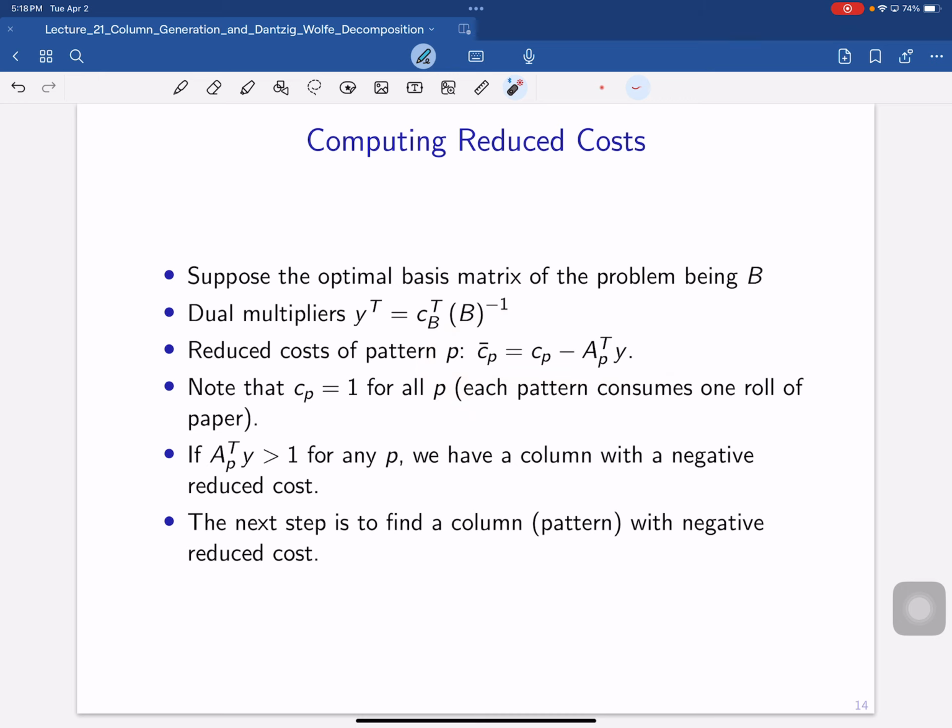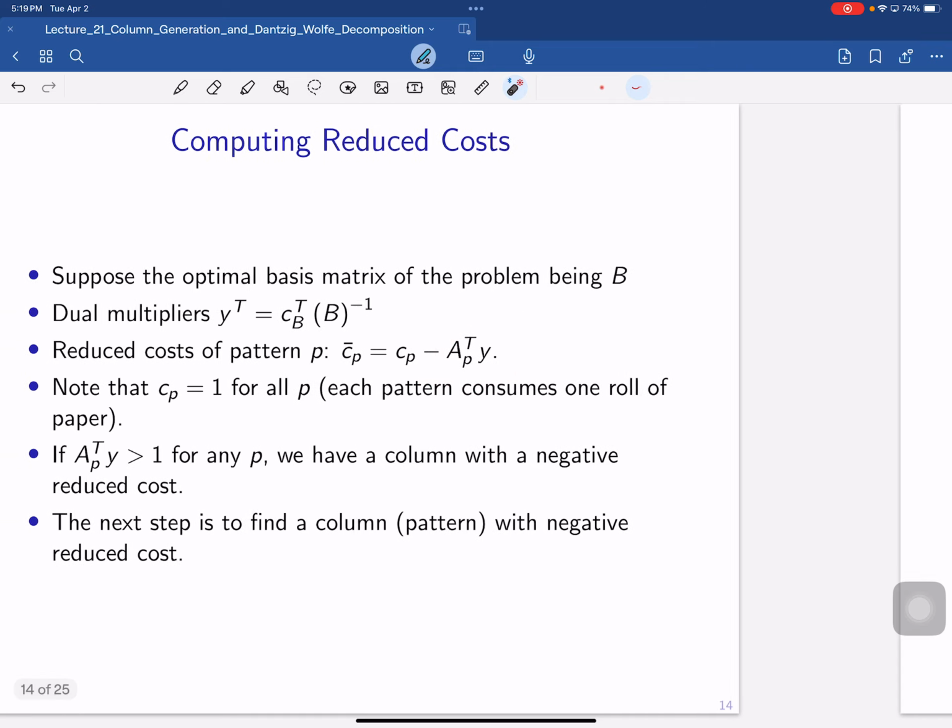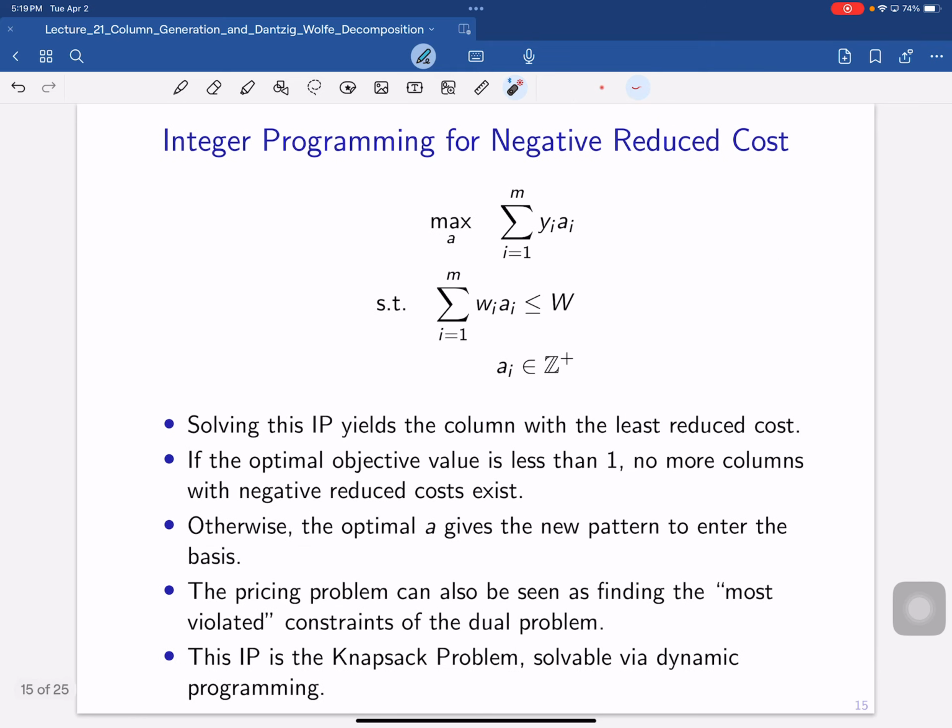Then that helps you improve the objective. So in other words, if you want to find the minimum reduced cost, you are trying to maximize AP transpose Y, right? Okay. So in the objective, we have the maximization of A transpose Y, and A is a column corresponding to a feasible pattern.